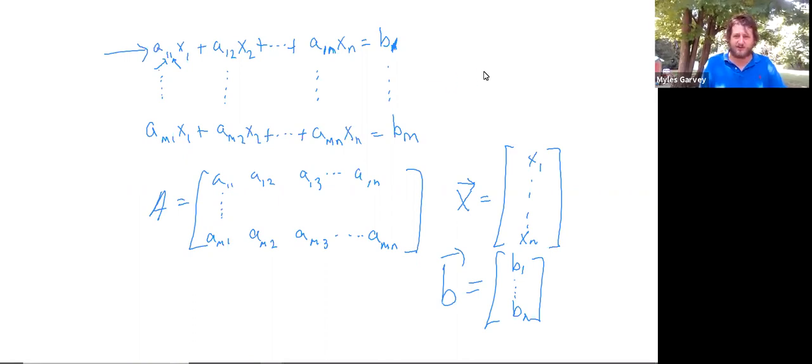This is just simply equal to A, the matrix A, times the vector x is equal to the vector b. And we have numbers here, we have numbers here, and this is the unknown.